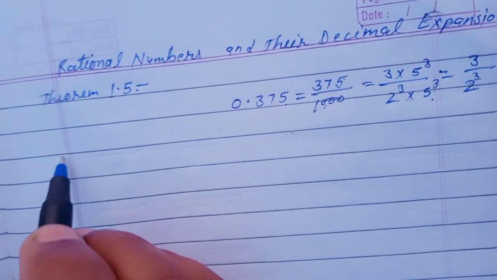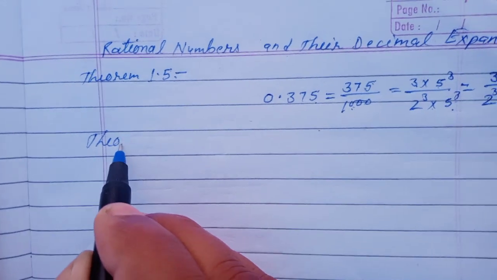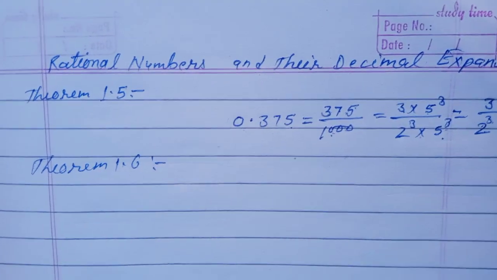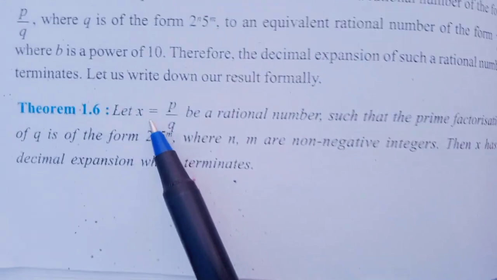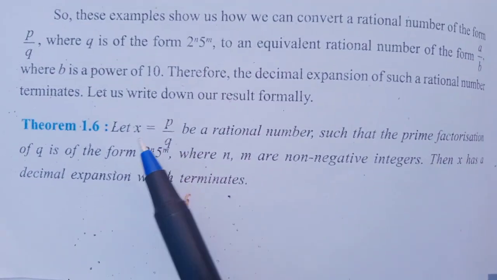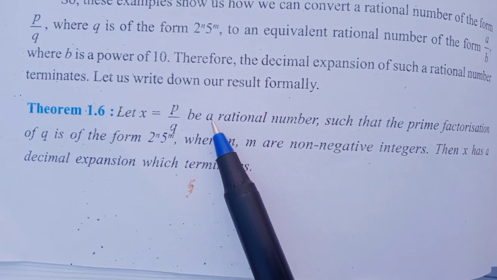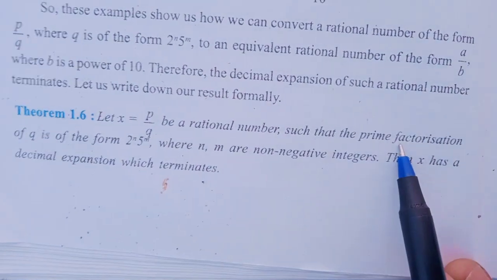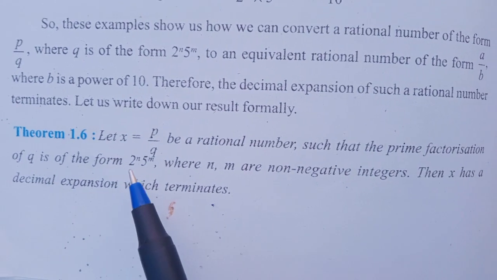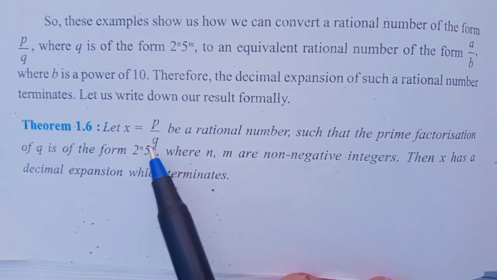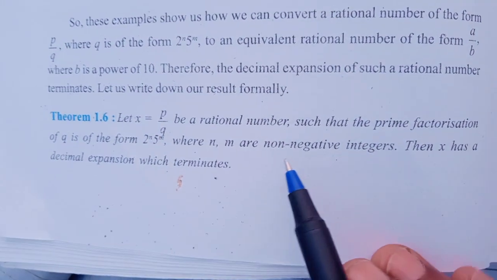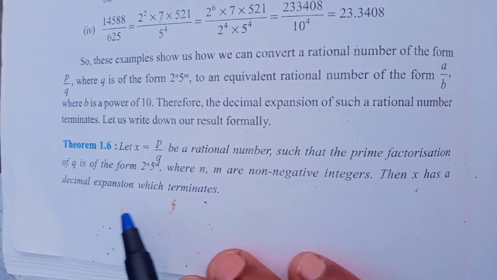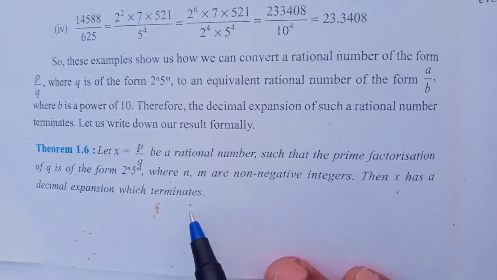Next theorem 1.6. Theorem 1.6 is the converse of theorem 1.5. Let x equal to p upon q be a rational number such that the prime factorization of q is of the form 2 power n 5 power m, where n, m are non-negative integers. Then x has a decimal expansion which terminates.